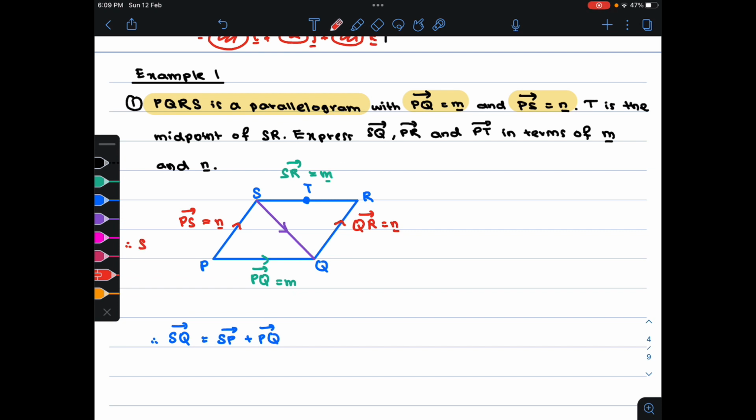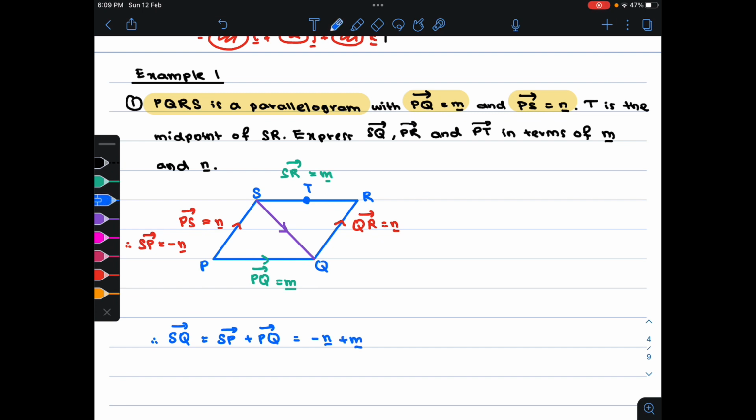Therefore, vector SP will be negative n, since PS goes upward but SP goes downward. If we have a different direction, you must put the negative sign in front of the vector. So SP is negative n, and we already know that PQ is m.